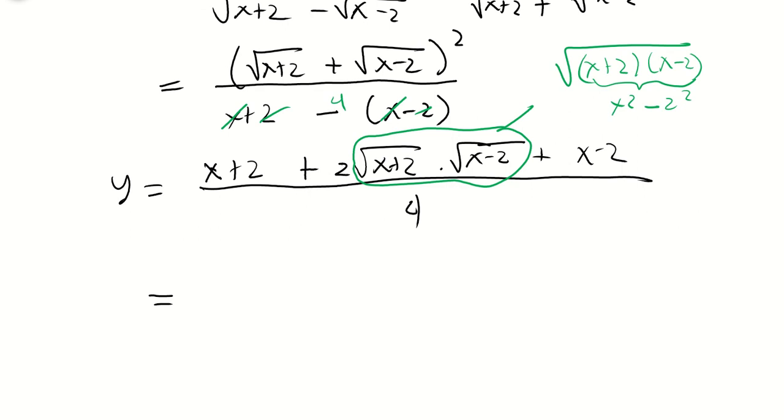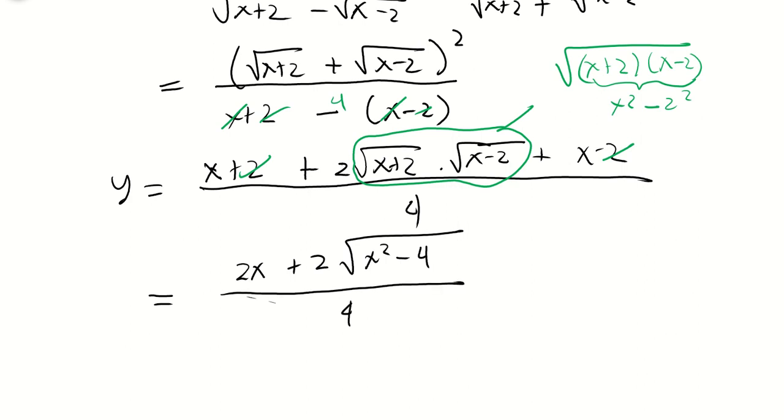So applying that, we have x plus x, so we have 2x. Then plus 2 minus 2, this will cancel out. Then we have plus 2 times the square root of x squared minus 4, all over 4.